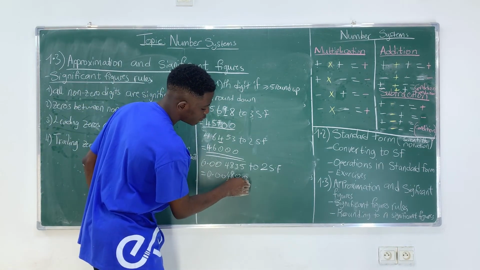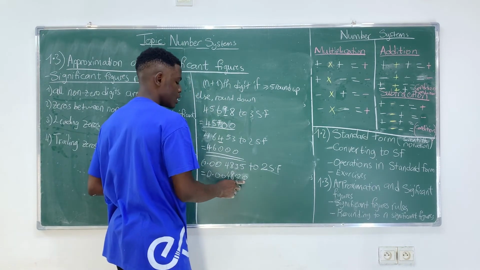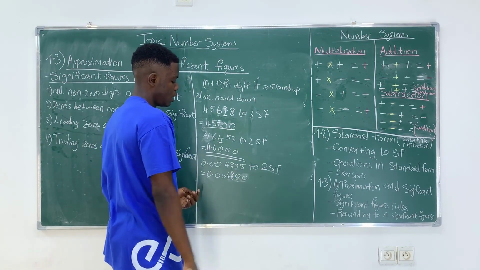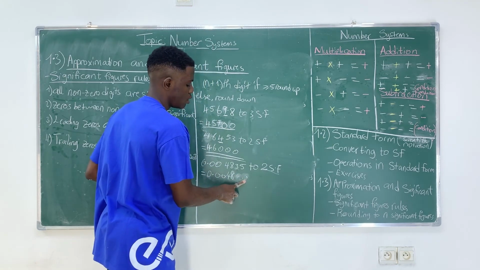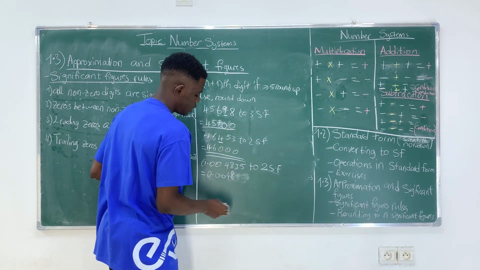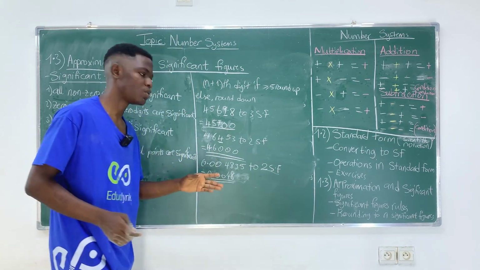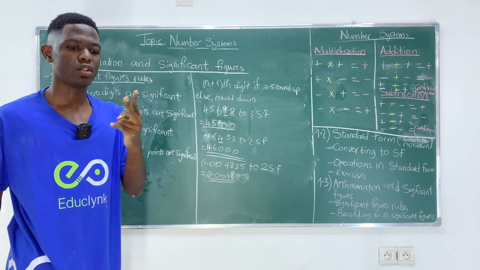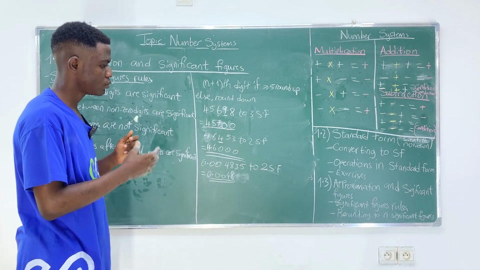So if I write 0, 0 here, it will mean I have 1, 2, 3, 4 significant values. So I leave it as 0.0048. So this is the answer in two significant values. If you check, you'll see that this number has just two significant values.